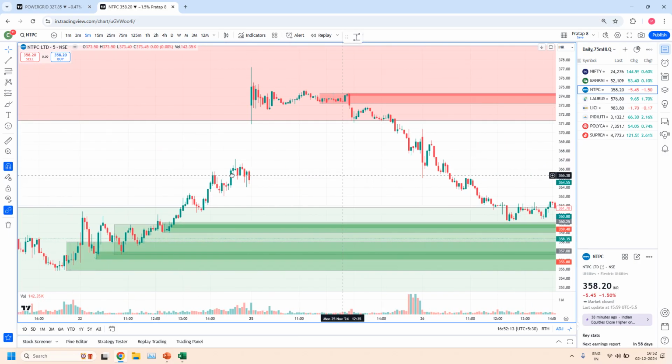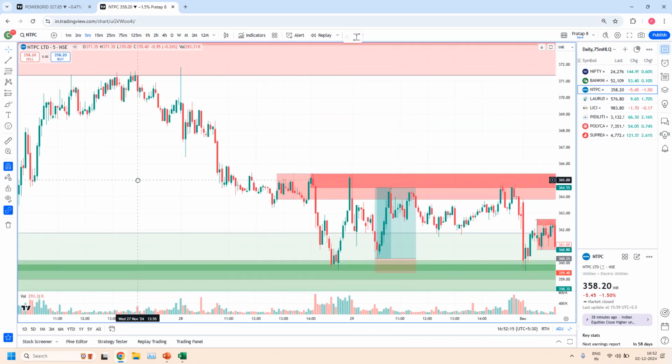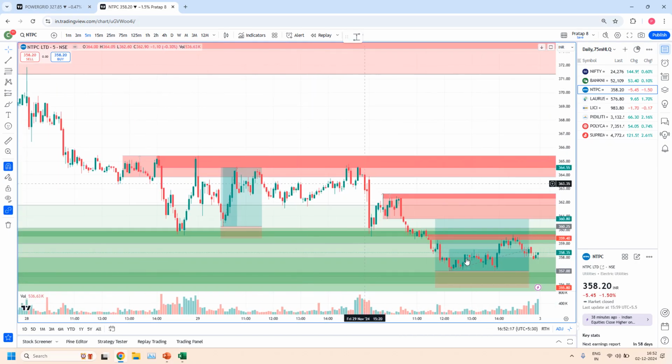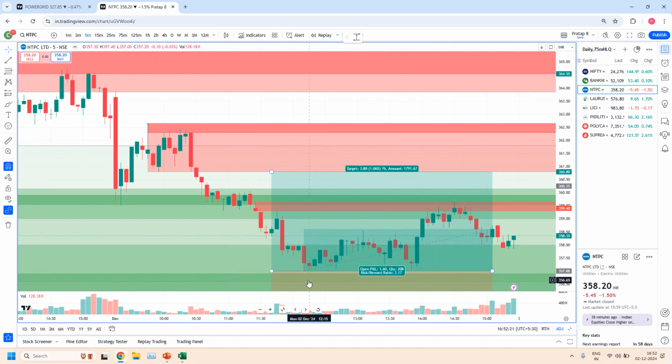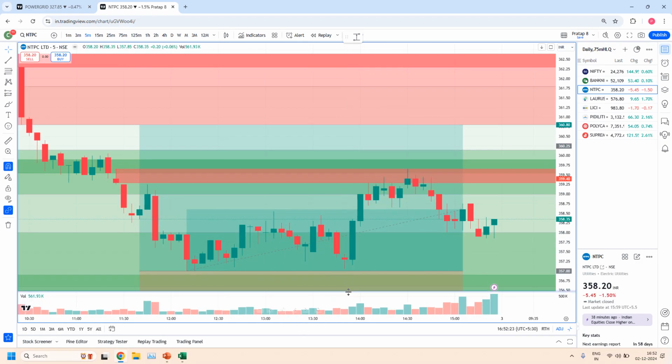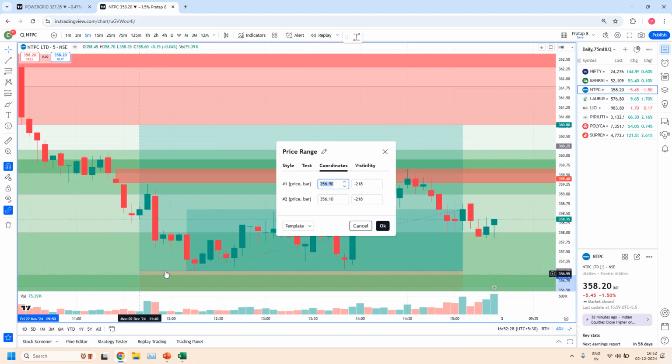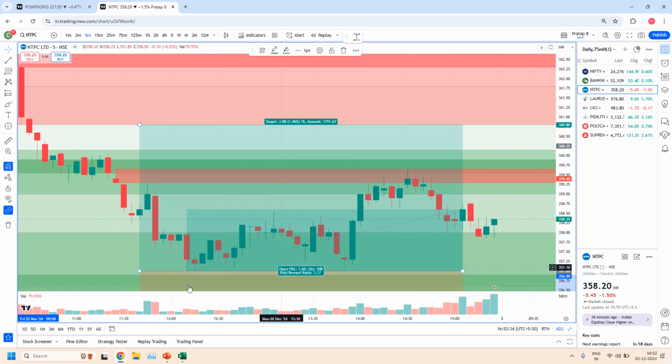See, today price entered the zone, but before entering, a very small entry buffer is required for this zone, maybe a few paisa. Our actual entry is 356.90, and price came up to 357.